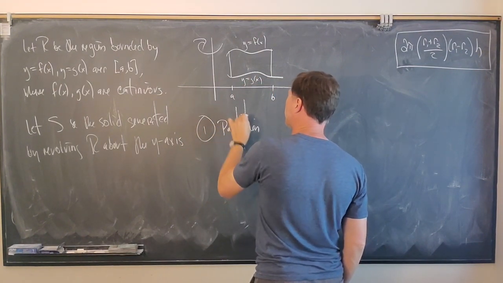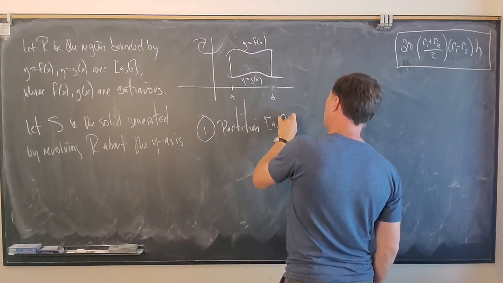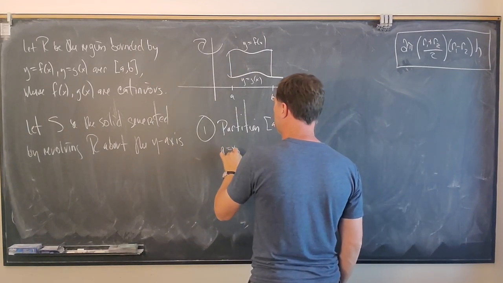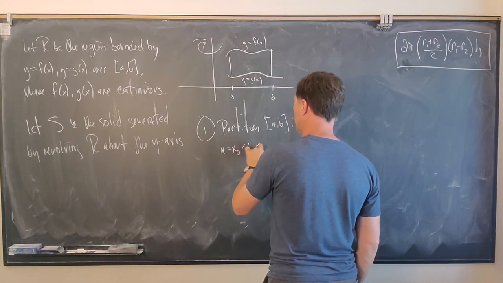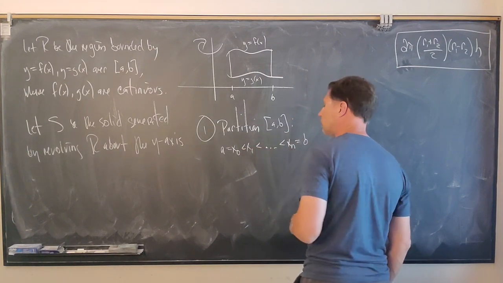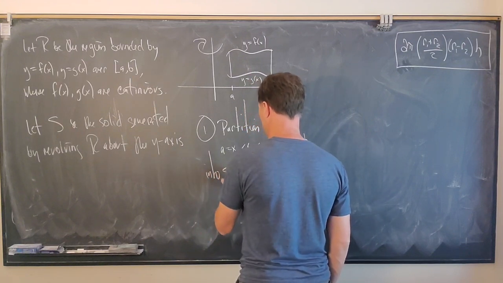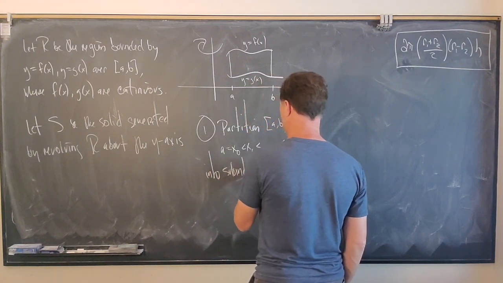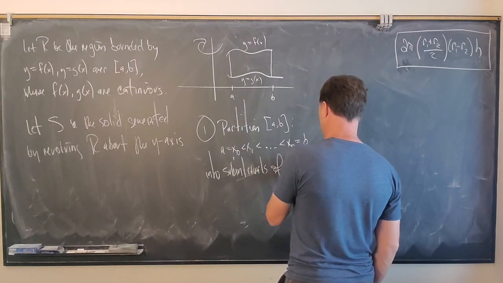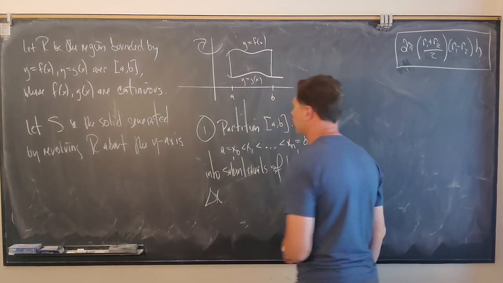Right, we've seen this a few times now. Partition the interval from a to b, so that's going to be a equals x0 less than x1 less than dot dot dot less than xn equals b, into subintervals of length delta x.